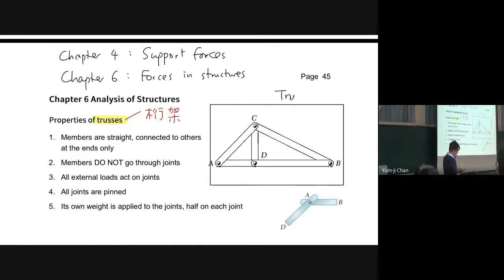The whole thing is called a truss, and each of these rods is called a member of a truss: one member, two members, three members. The whole thing is called a truss.